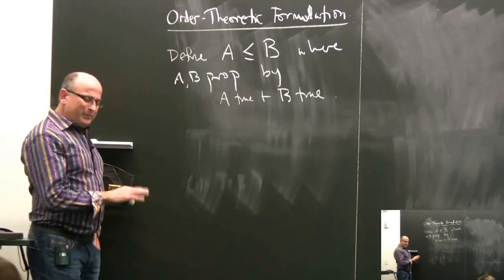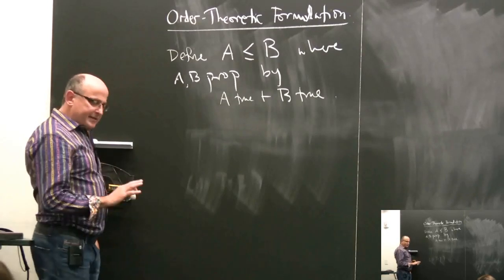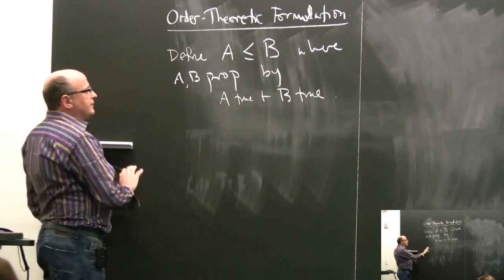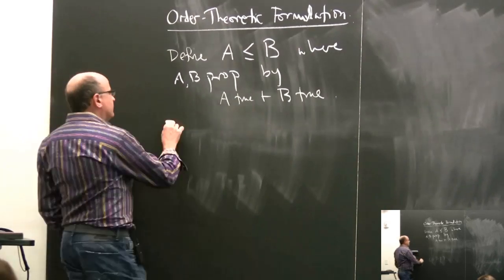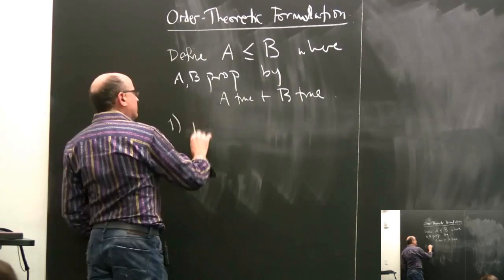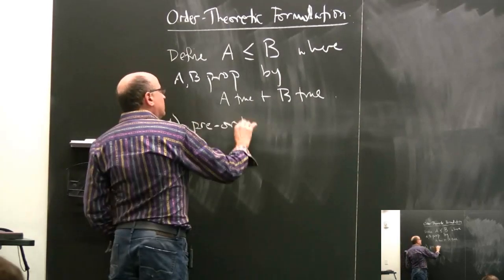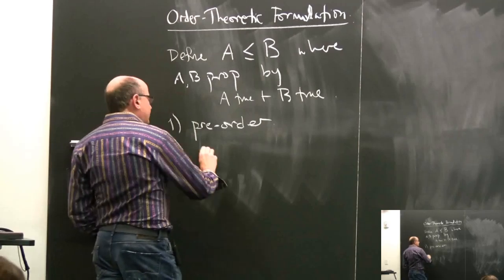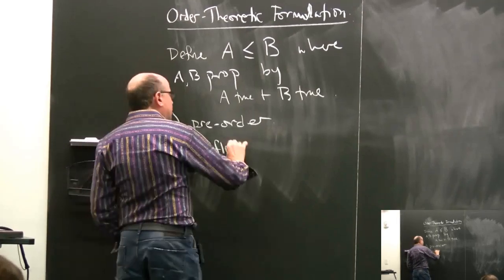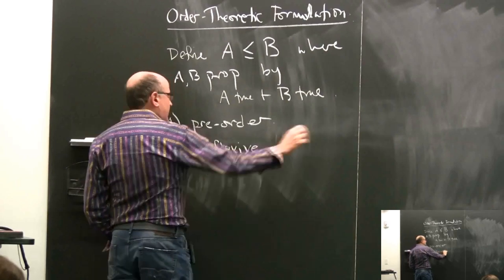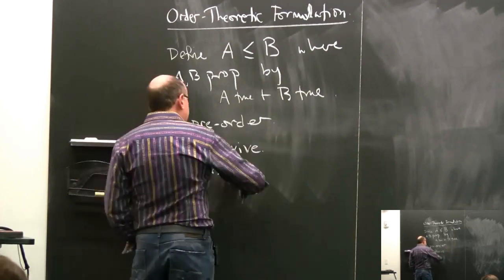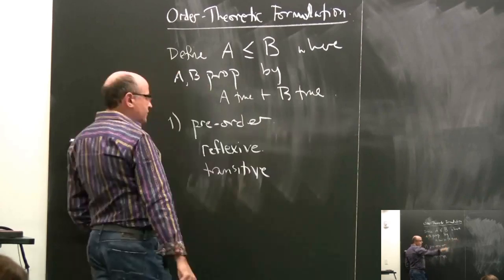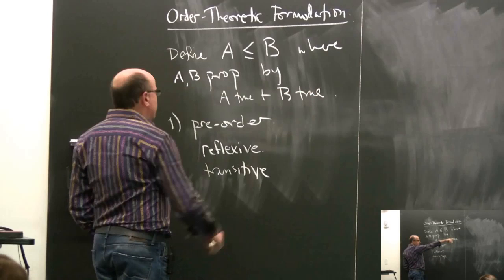In a few minutes, there's going to be a little bit of noise having to do with the distinction between a pre-order and a partial order. So right now, I'm going to emphasize the following facts. The first thing is that this is a pre-order, when defined this way. That is, it is reflexive, because that's the first structural property I mentioned over there. And it's transitive, because I can specialize the structural rule of transitivity that is written over there.